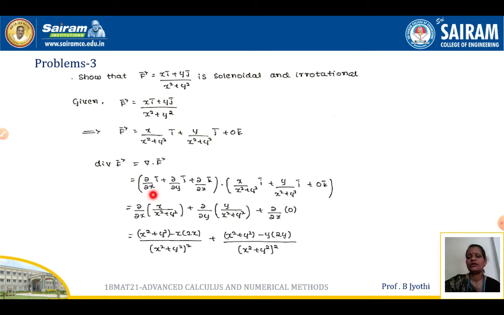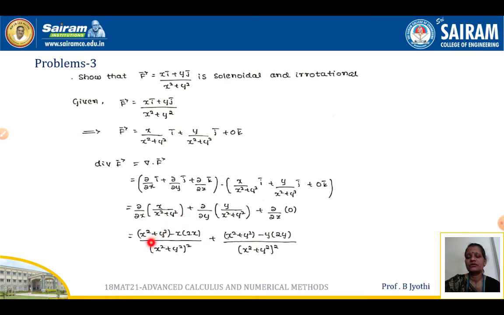So dou x of this i component plus dou y of the j component plus dou z of the k component, which is 0.